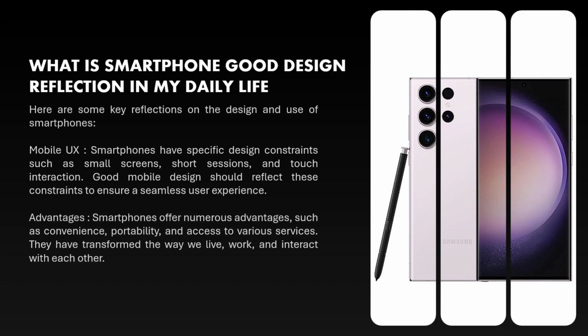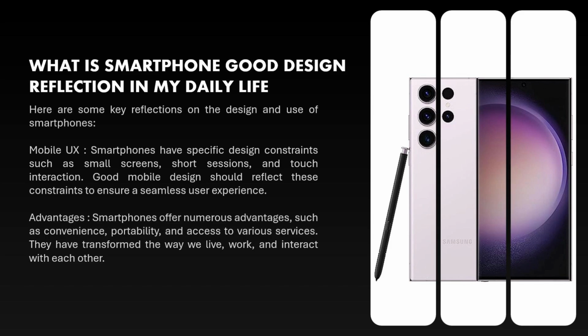The next slide is what smartphone good design means, and reflection on my daily life. Here are some key reflections on the design and use of smartphones. First is mobile UX. Smartphones have specific design constraints such as small screens, short sessions, and touch interaction.